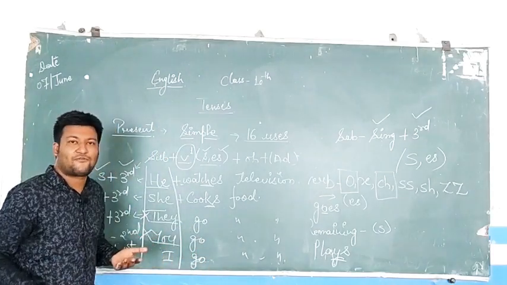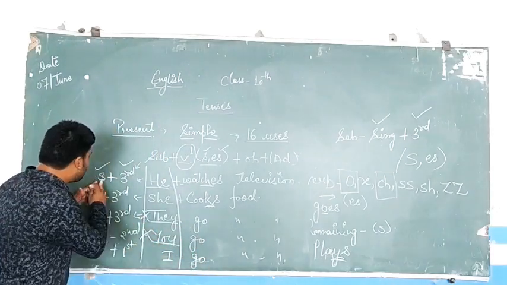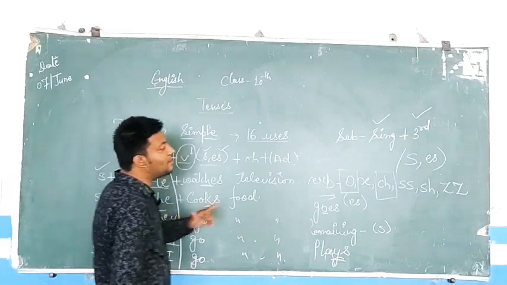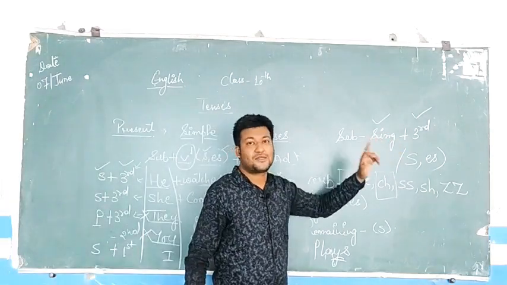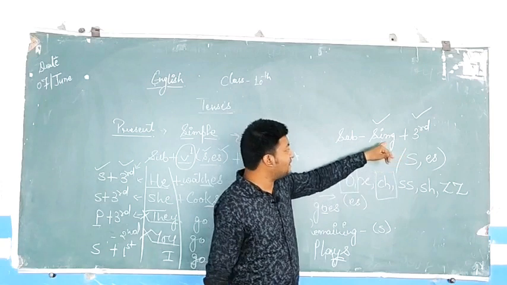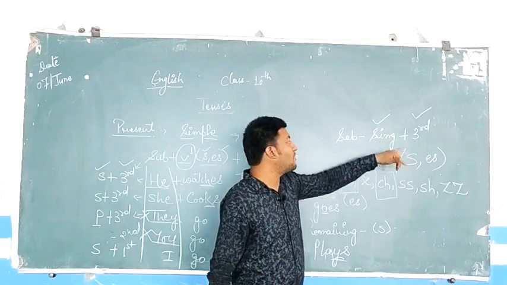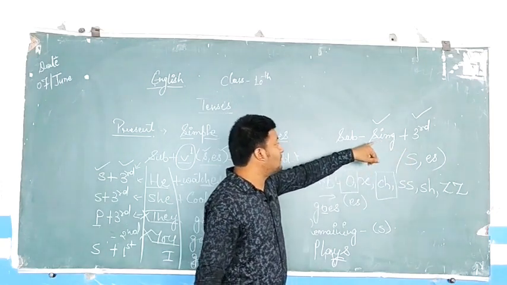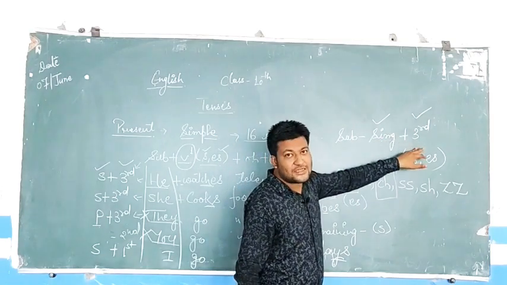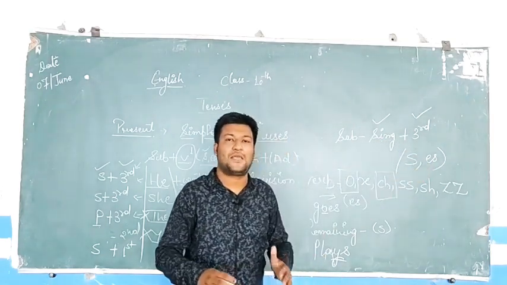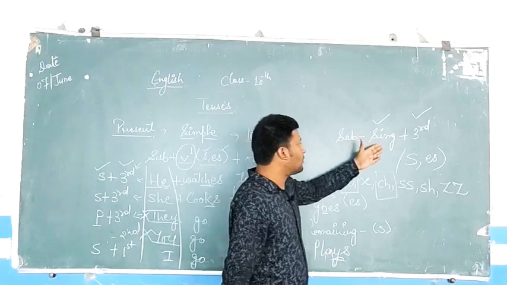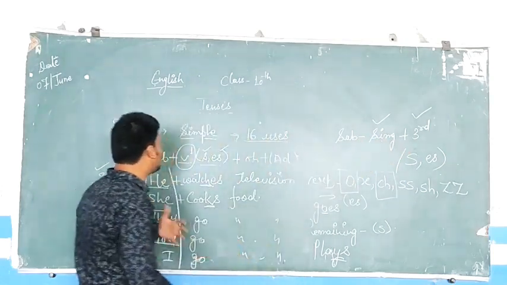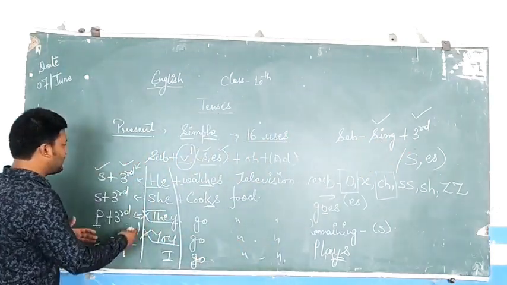So listen carefully once again. Subject must be singular as well as third person, both. If it is plural or third person, no. If it is singular or first or second person, no. A big no. Both conditions apply. First, as a student, I will check here my subject.